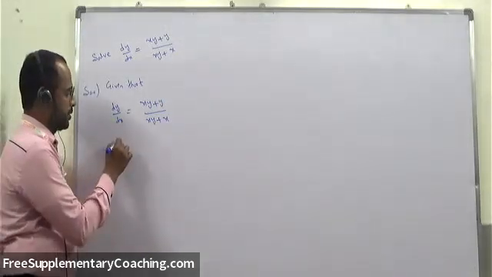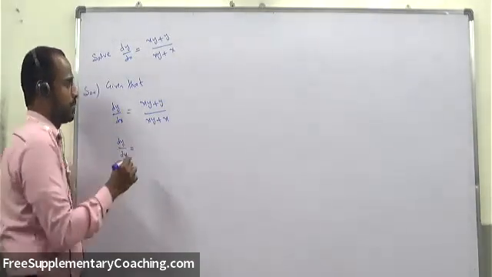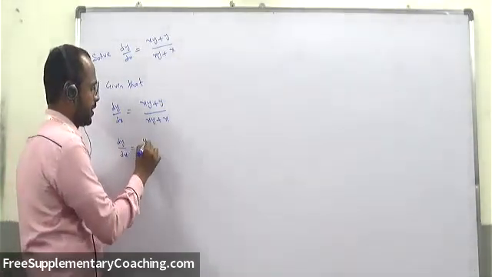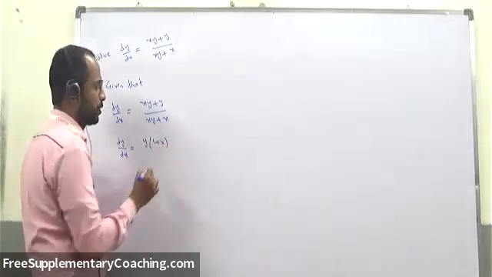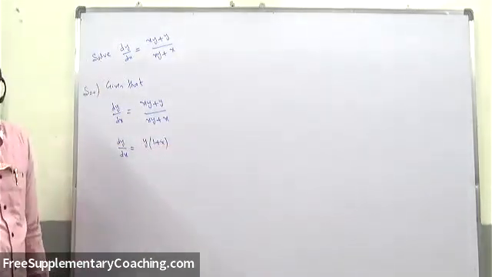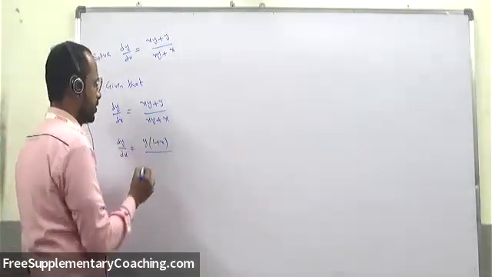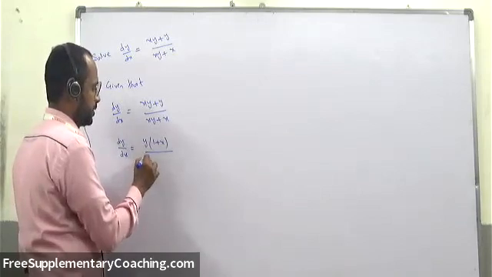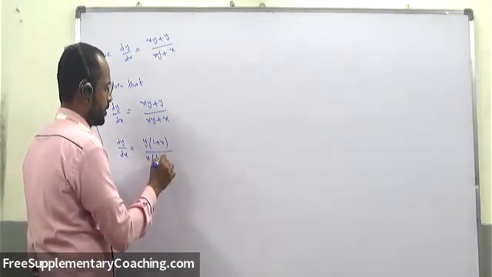So dy by dx is equal to, if you take y common, you will get x plus 1, or you can write 1 plus x. If you want to write 1 plus x or x plus 1, not an issue. And from the denominator, what will you get common? x. So again, you will get 1 plus y.